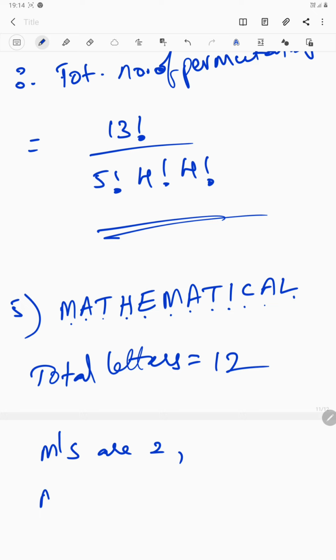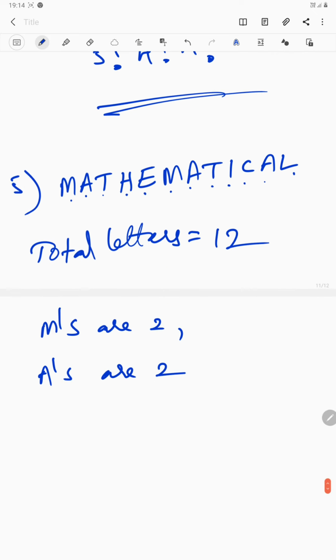And A's. A's भी 2 है. 2 or 3? 3. 1, 2, 3. So 3 A's are there. And is there any letter repeated? Yes, T. T's are 2. Right? And the remaining are single letters.